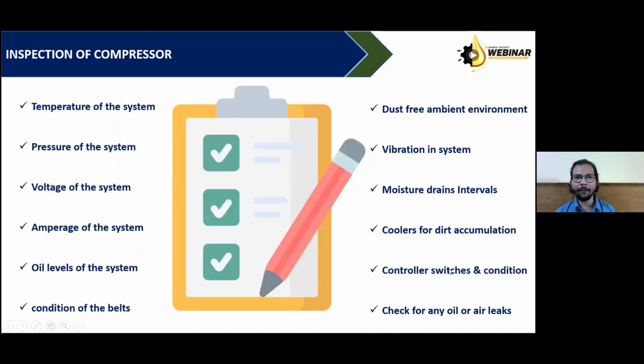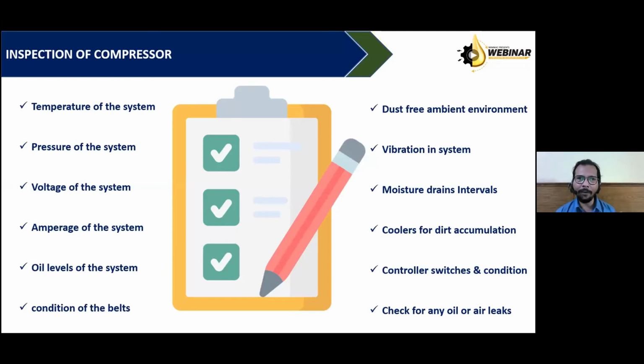Next slide. Yeah, this may be our last slide for the day. And this is again an inspection checklist. We can take a printout of the checklist, and every operator has to take a walk-down survey or round of the site, and they have to tick all these by physically verifying the things, because we cannot always believe the values coming on our DCS or SCADA.